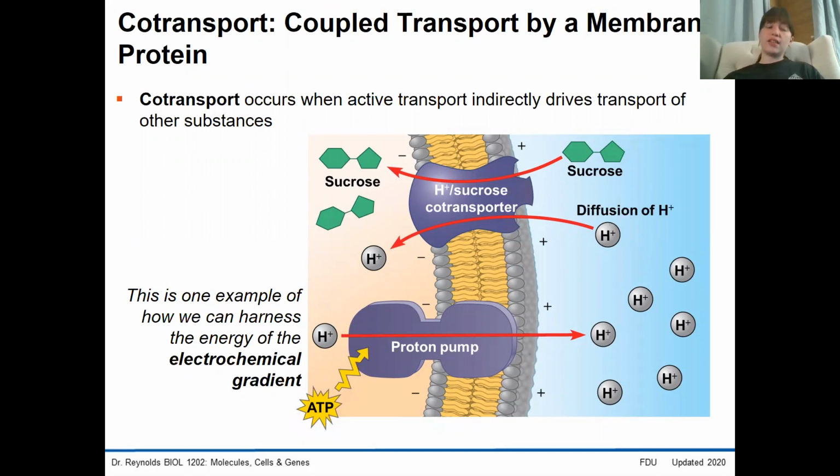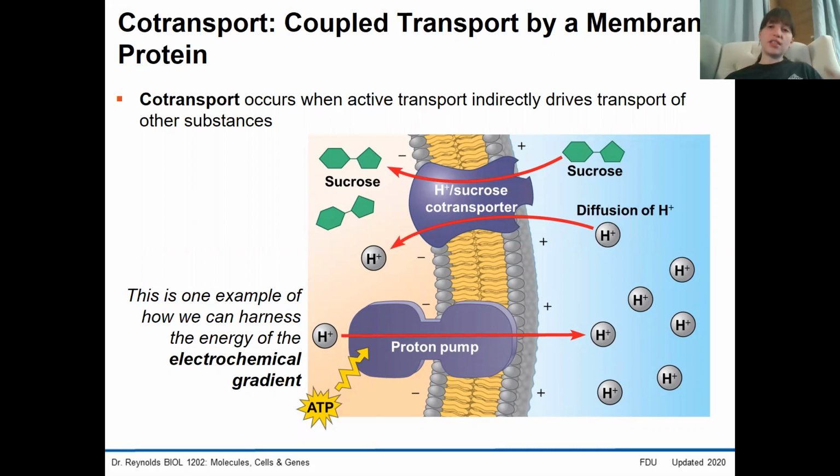When we utilize energy to pump these protons across the membrane, we create the electrochemical gradient. The potential energy stored in that electrochemical gradient allows that proton to diffuse back down through a protein. So this transfer down this protein is going to be a passive form of transfer, going from an area of high energy to low.